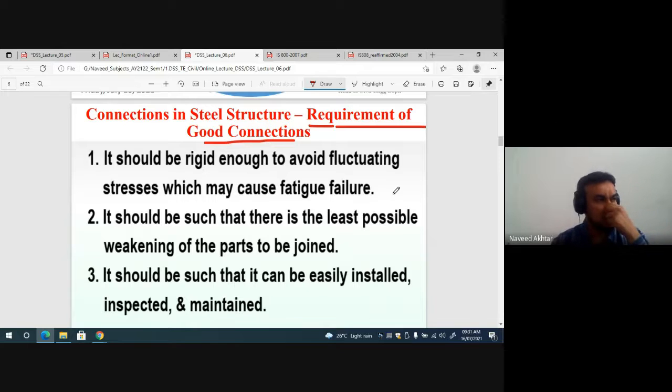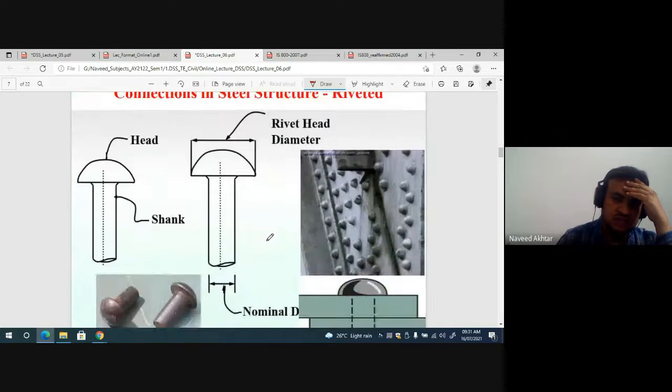Bolted connections require maintenance and inspection. Also, welding where there is water, contact with the soil, or a corrosive environment, you have to inspect the welding also. So where there is a connection, the inspection must be done regularly.